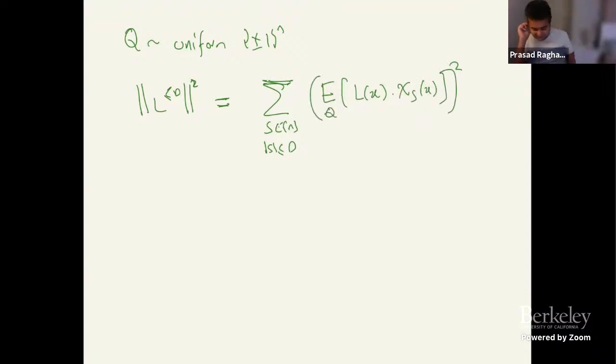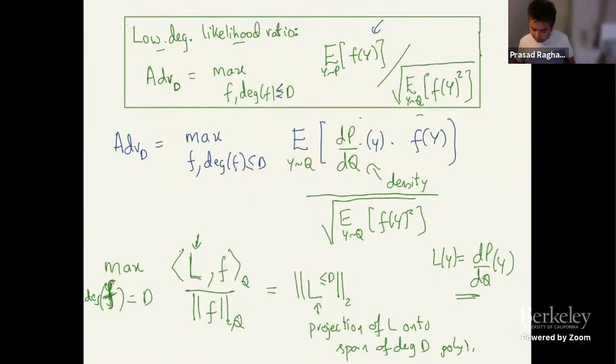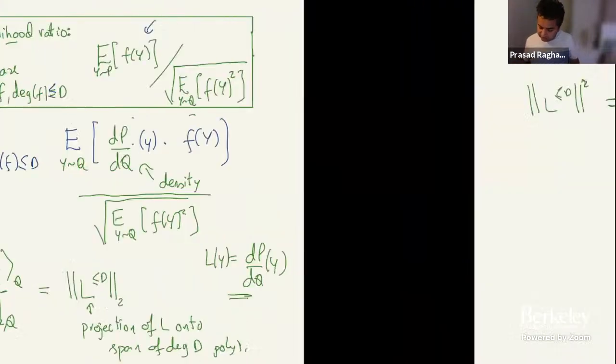It's often quite easy to calculate these quantities. That's the advantage of this whole approach: we can start calculating these numbers for many choices of distributions P and Q.